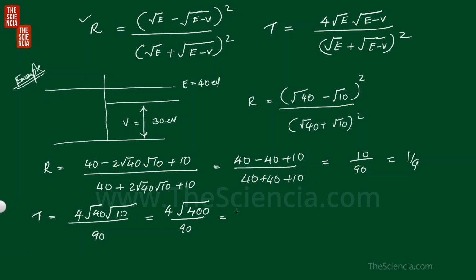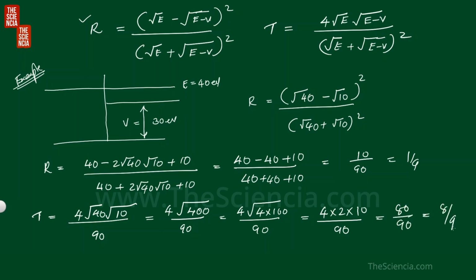That is, we can write 4 into root 4 into 100 by 90. Okay, so we can easily find out the root of 400. That is 4 into 2 into 10 by 90. That is 80 by 90. That is equal to 8 by 9. So this is the transmission coefficient.